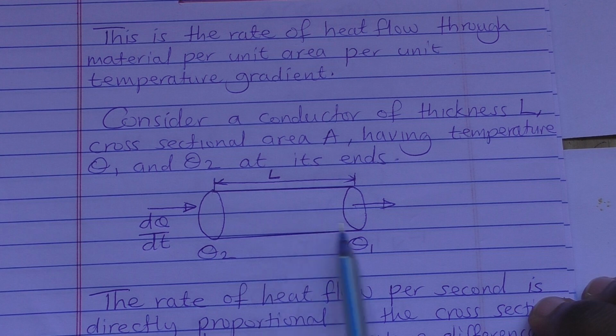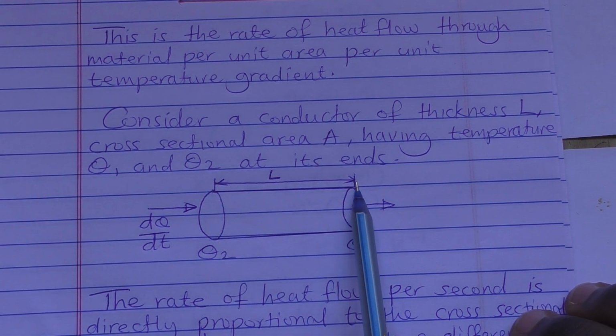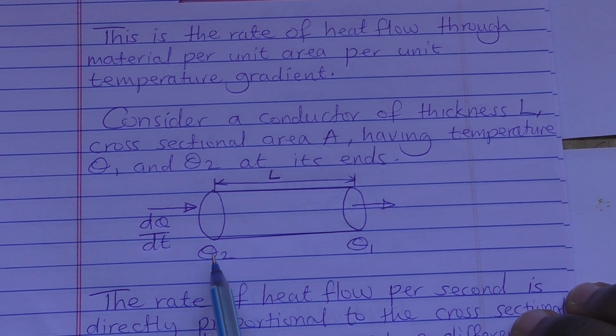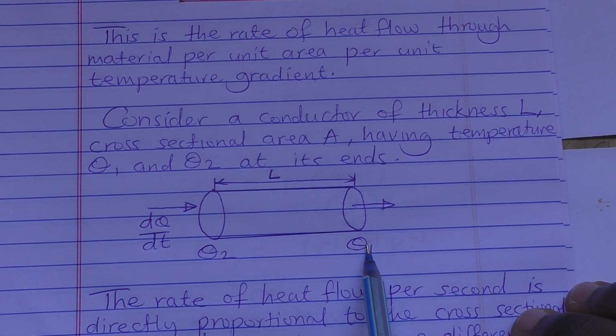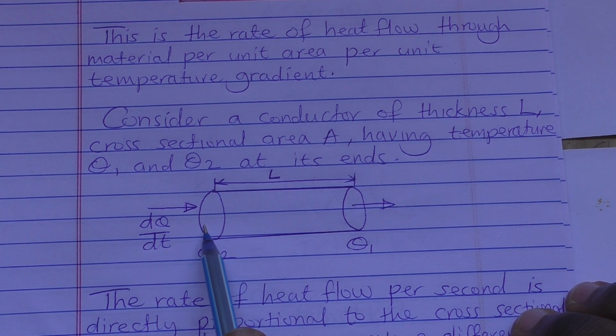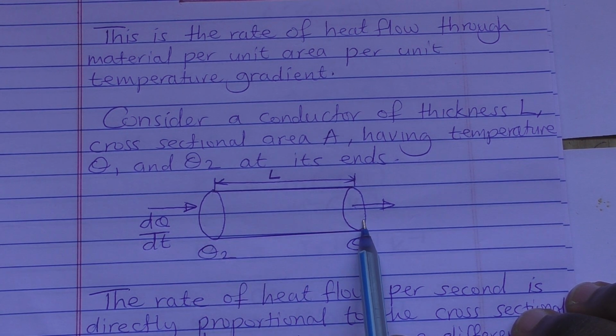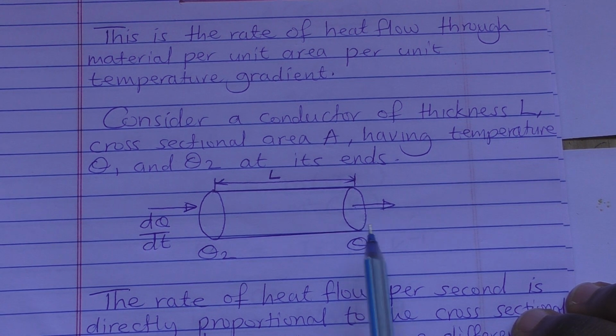So this is our conductor of thickness L, having temperatures theta 2 and theta 1 at the ends. Assuming theta 2 is greater than theta 1, then this end is hotter than the other end. And that's what causes heat transfer.